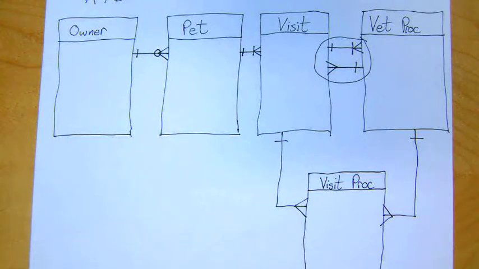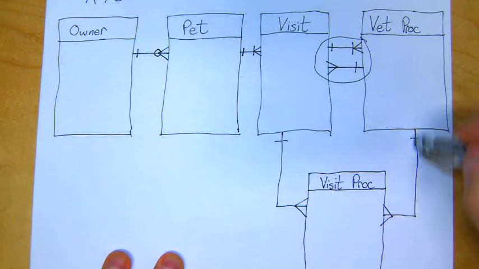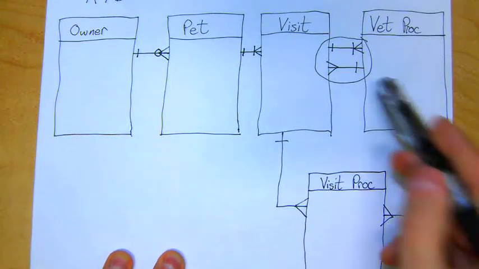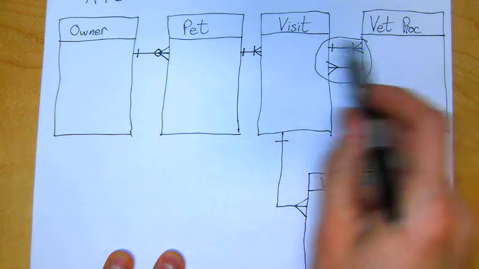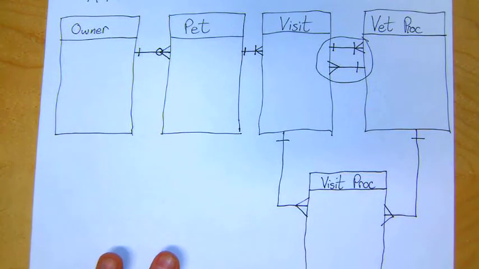You resolve the many-to-many relationship by creating two one-to-many relationships. So you have a one-to-many relationship here that represents this guy, and then you have a one-to-many relationship here that represents that guy. And that is probably one of the most uncomfortable parts of data modeling.